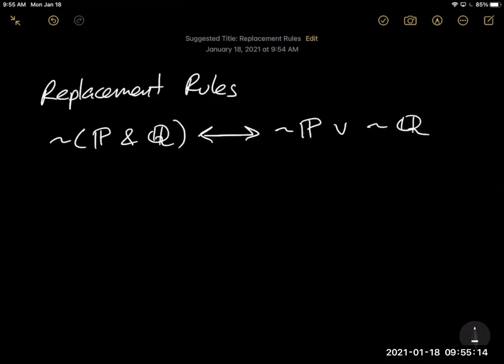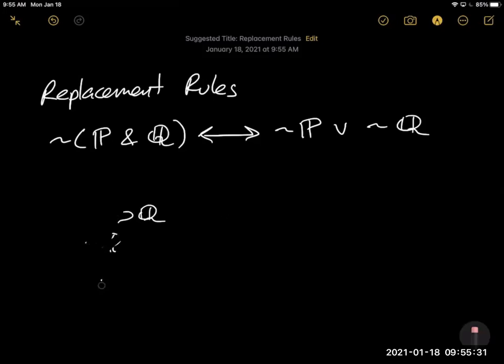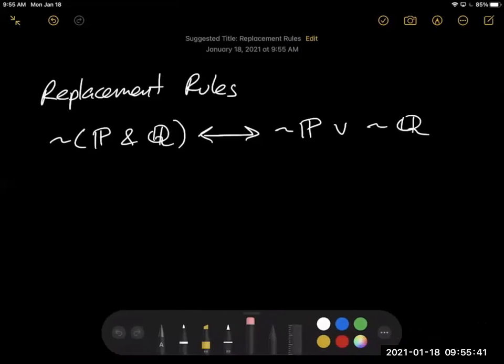So for a modus tollens, which we just talked about, you need that conditional and you need the negation of the consequent to infer this negated antecedent. That doesn't happen with replacement rules. So you can actually go in either direction, and you can even use replacement rules within certain sentences. So we'll talk about that in a second.